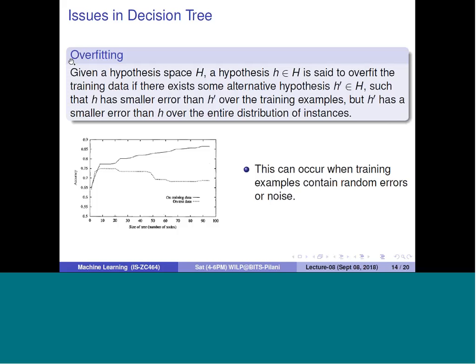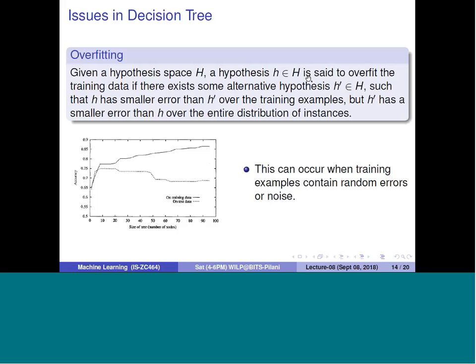If new data is coming, it is a new database, and for that database there would be a different tree that is best, and this is not that tree. Therefore this tree is going to have error for the new data, because for the training database it's 100% correct. It means it is not going to be useful for new examples. So for the first time we are going to see the formal definition of overfitting.